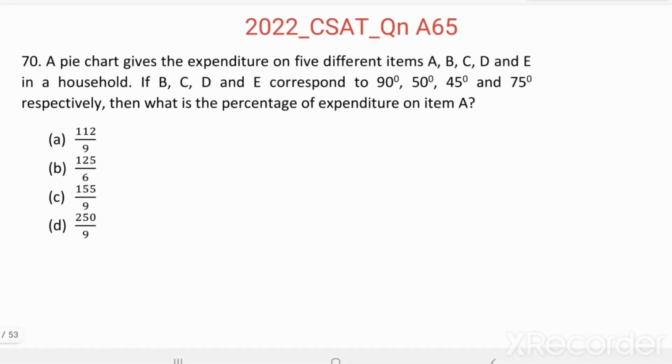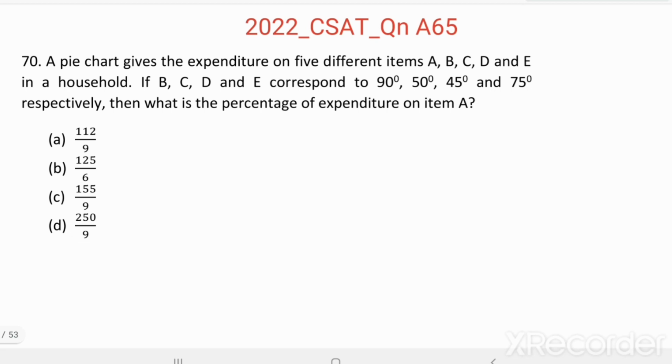Question number 70. A pie chart gives the expenditure on 5 different items A, B, C, D and E in a household. If B, C, D and E correspond to 90 degree, 50 degree, 45 degree and 75 degree respectively, then what is the percentage of expenditure on item A?